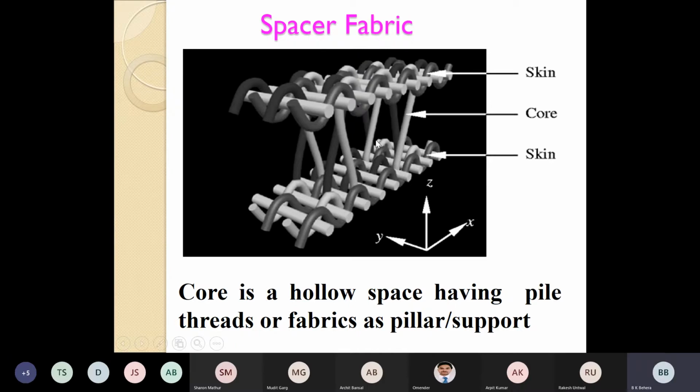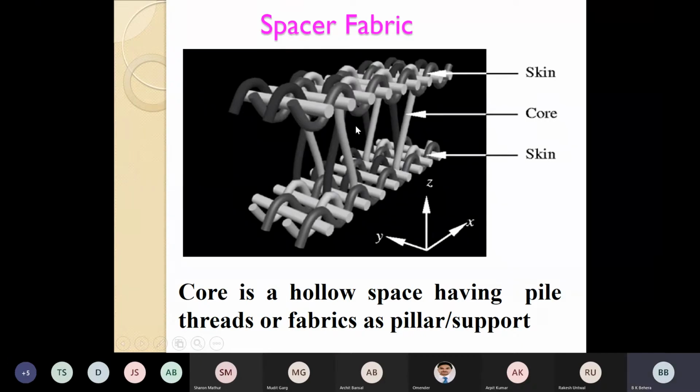Nowadays, advanced spacer fabrics are also being developed where you will find these connecting threads are not threads. They can be woven construction, woven structure, which also means fabric. So these connecting threads, which you will subsequently find called pile threads or piles, can be yarn or they can be fabric.